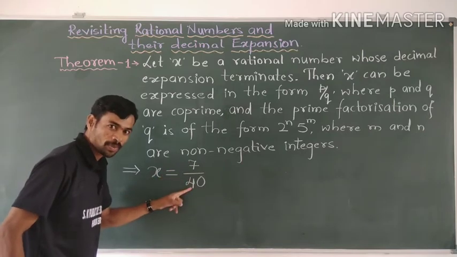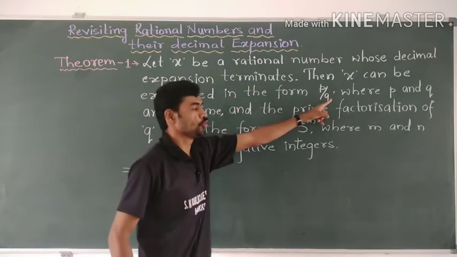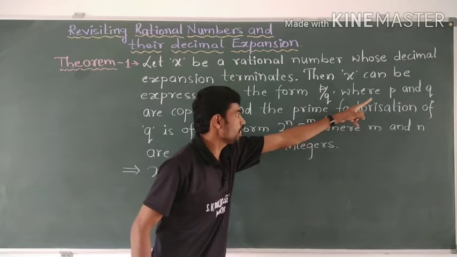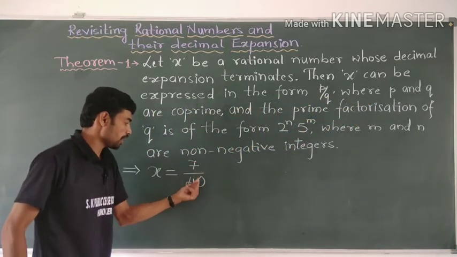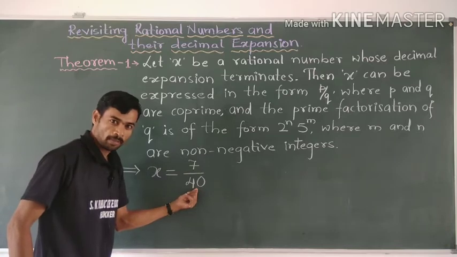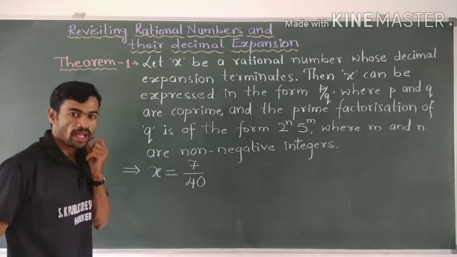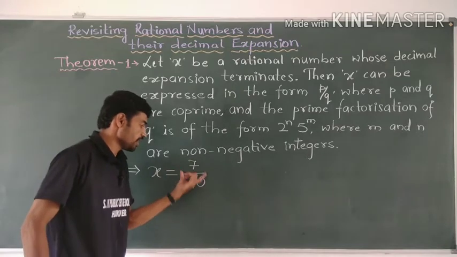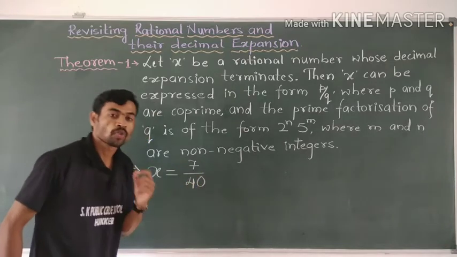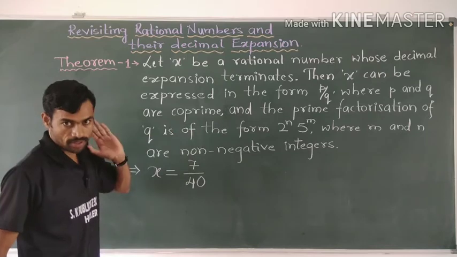This can be expressed in p by q form, where p and q are co-prime numbers. They don't have any common factor other than 1. So 7 and 40 are co-prime numbers.